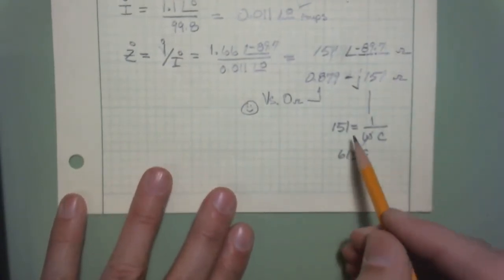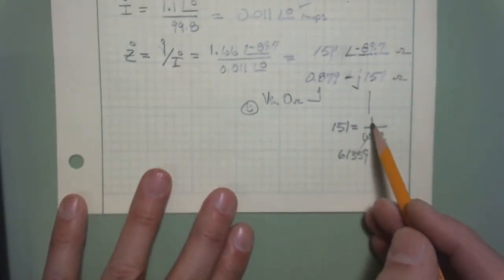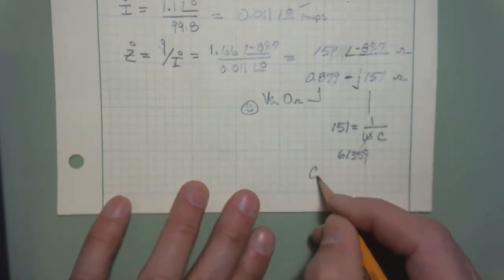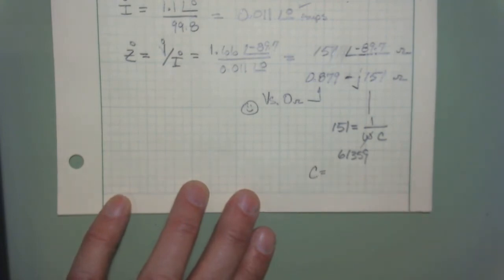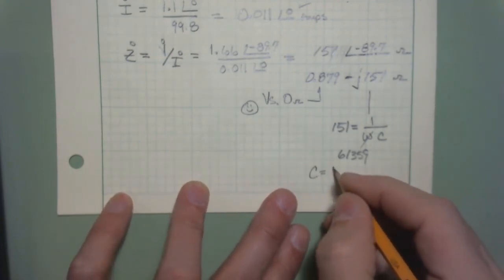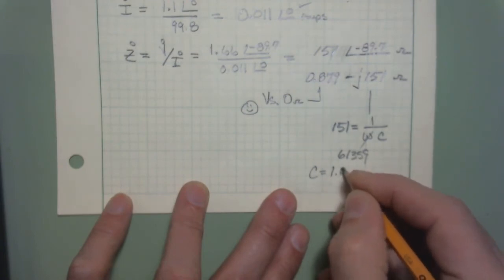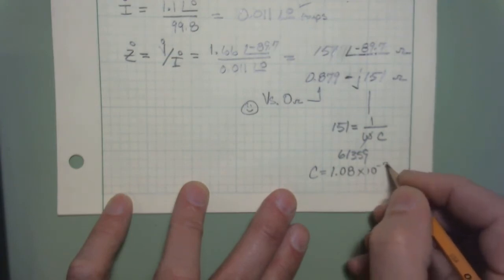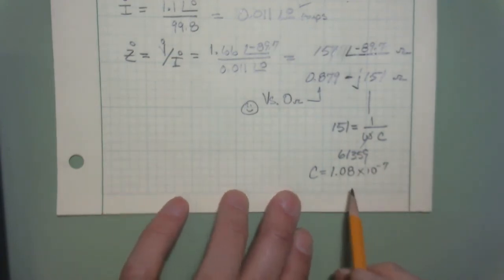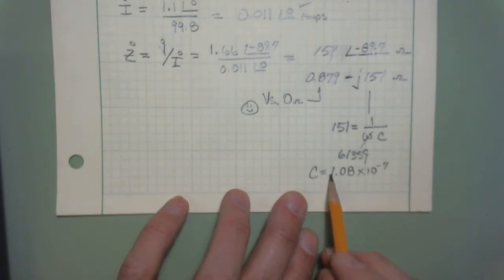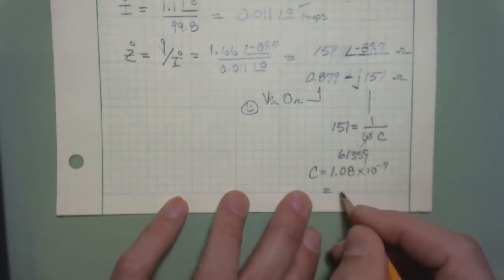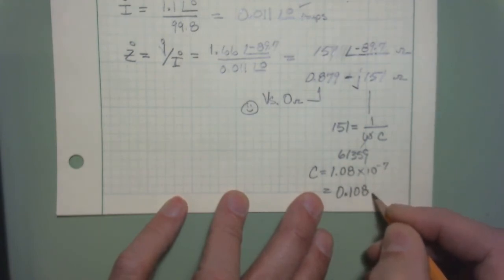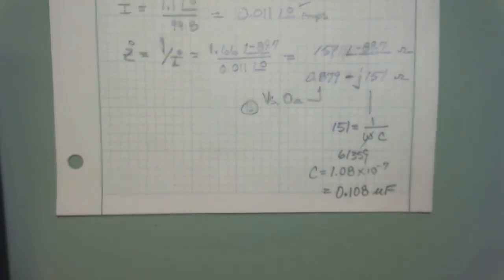Okay, so the 151 is equal to 1 over omega c. I make my substitution for the omega, and solving that, C turns out to be equal to 1.08 times 10 to the minus 7, which, 10 to the minus 7, you could say 0.1 times 10 to the minus 6, so I could say that this is equal to 0.108 microfarads, right?